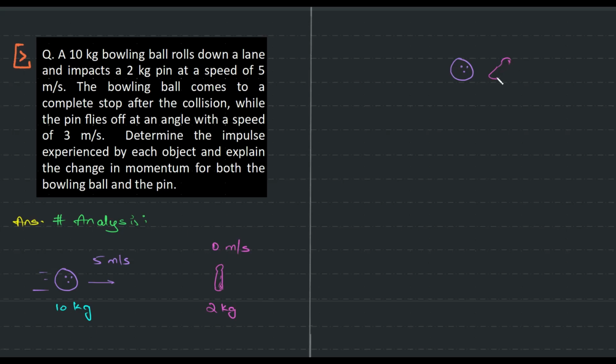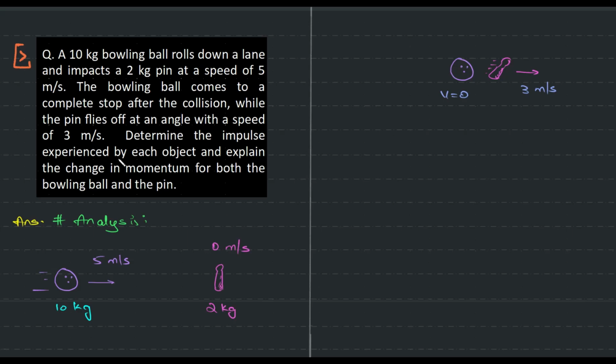So this comes to a stop, and this is moving at 3 meter per second.